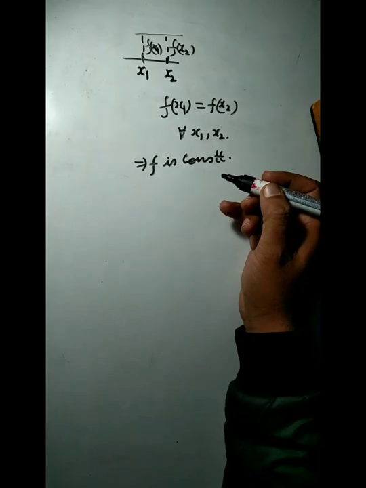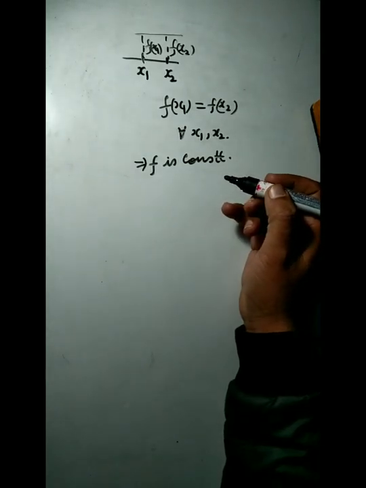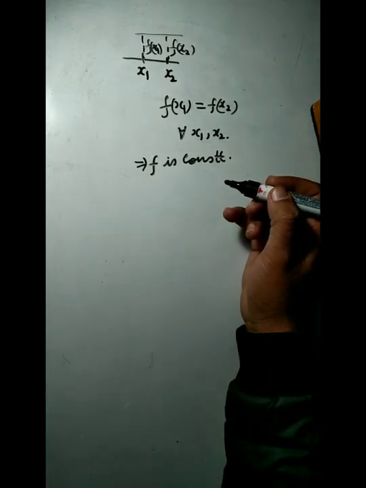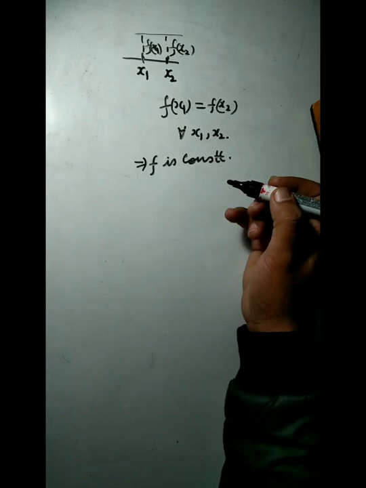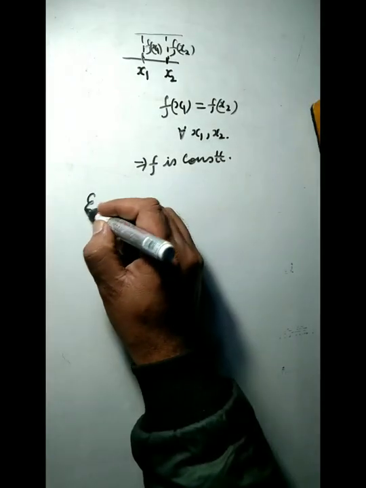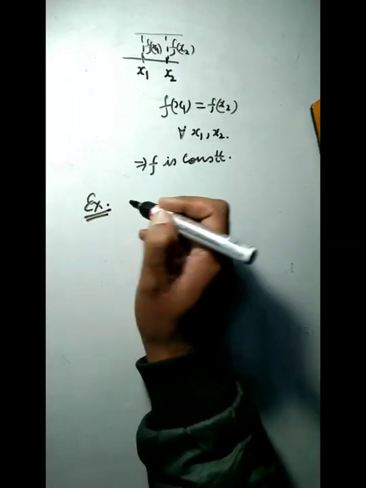We have seen increasing, decreasing and constant function here. Now we will check it by an example, and then we will take a theorem.